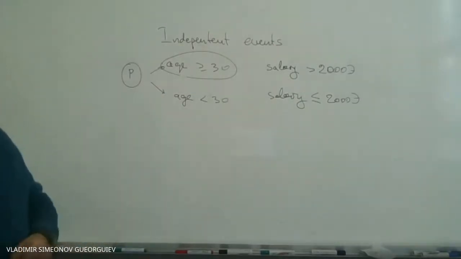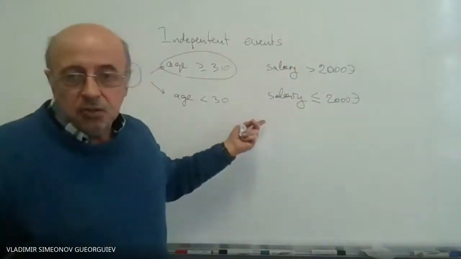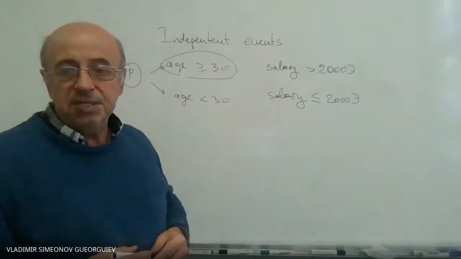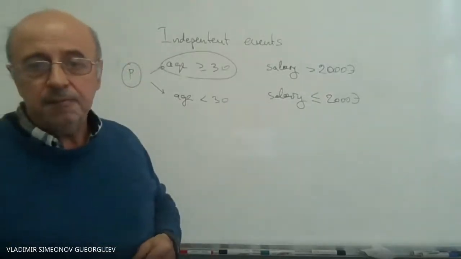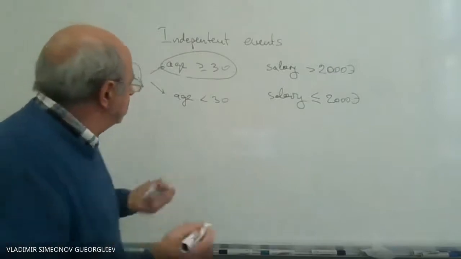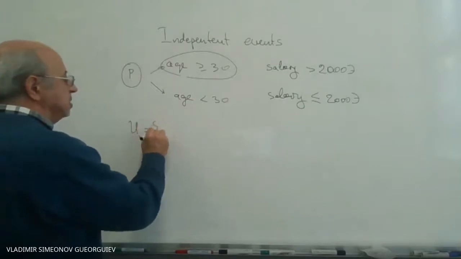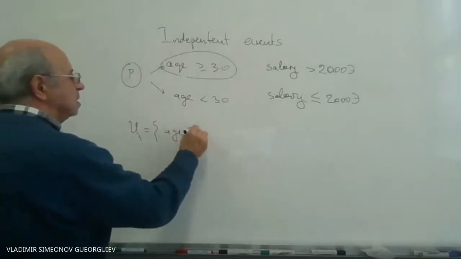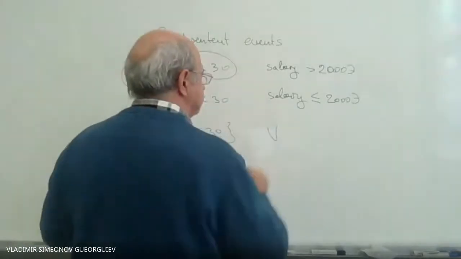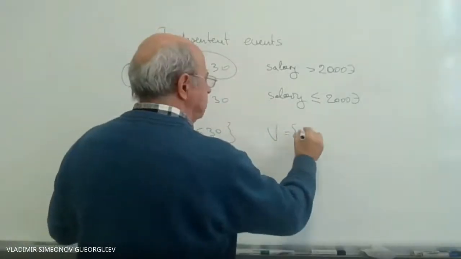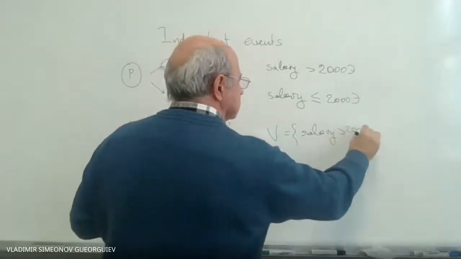For the same guy, we can ask his salary, for example, is 0. He is not working, so he is in this set, or his salary is bigger than 2,000. For example, U1 shall be age smaller than 30, and V is all people with salary bigger than 2,000.